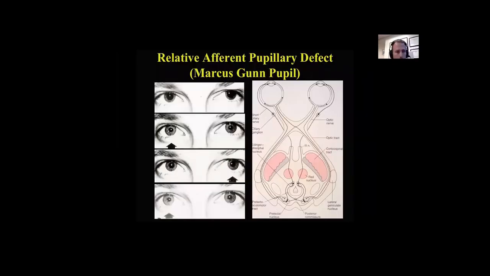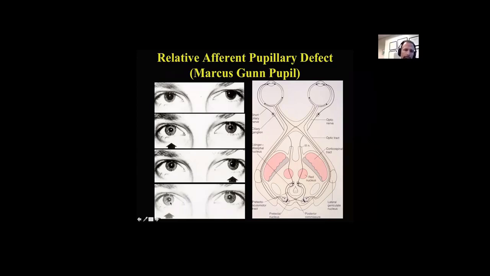And our photos on the left are photos of this happening. So you see the black arrow in the bottom. This is the normal resting state of the pupils. In the next frame down, you can see the light is being introduced into the right pupil. It's being swung over to the left. You'll notice that the left pupil, when you do that, gets larger. They both get larger because there's less light getting back on the left and the right.